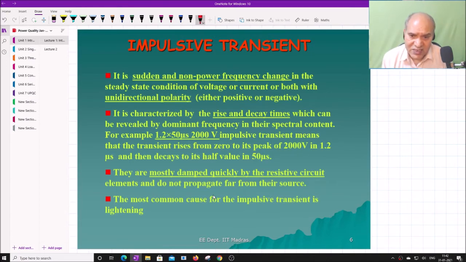It is characterized by the rise and decay times, which can be revealed by the dominant frequency in their spectral content.